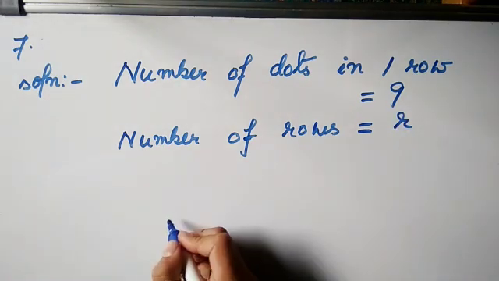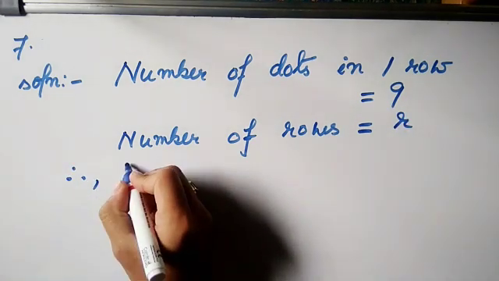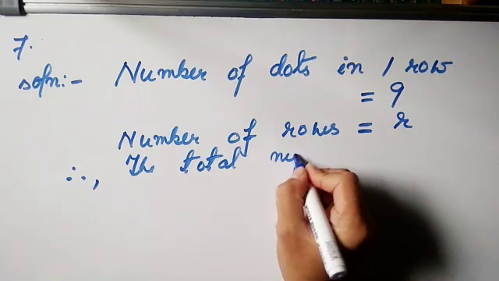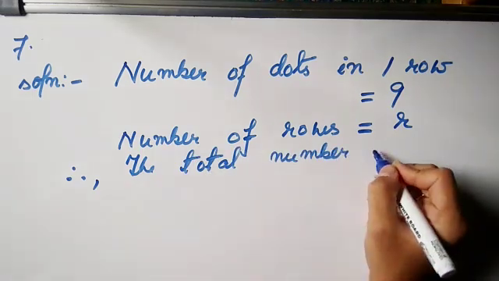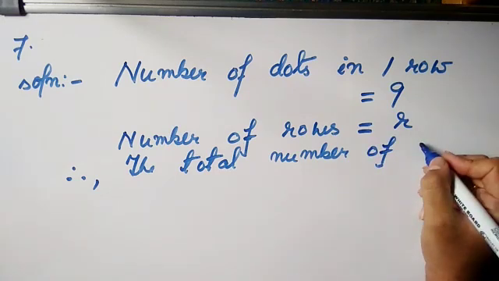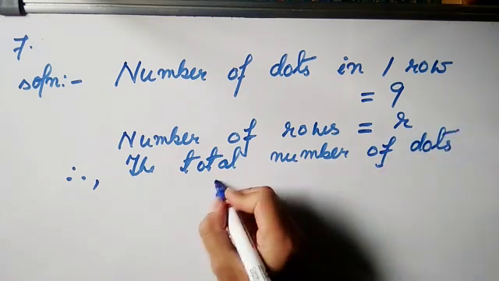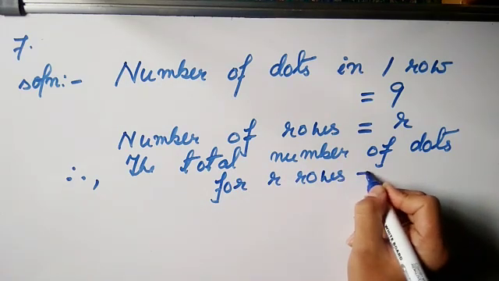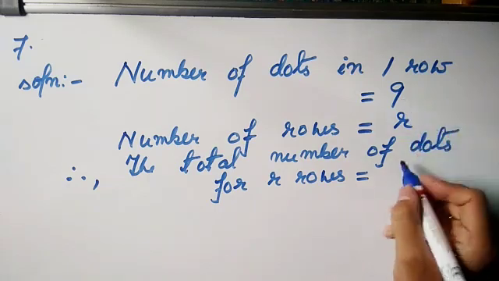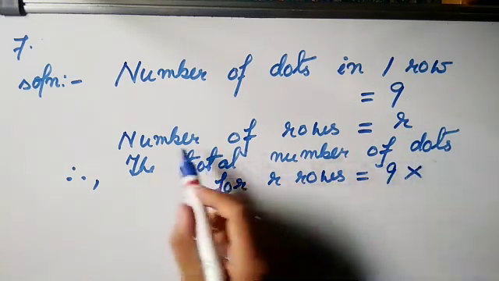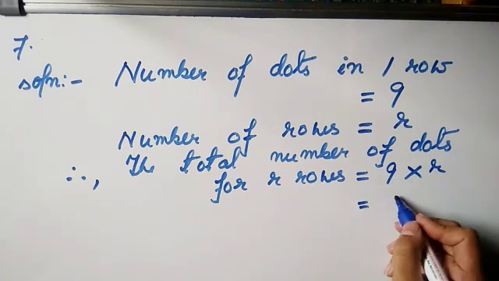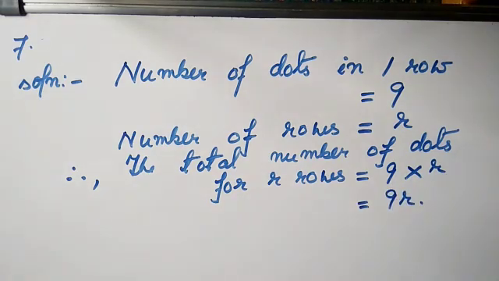Yes, r rows. So therefore, the total number of dots for r rows equals, we all know that this 9 will be multiplied by the number of rows, that is r. So what is 9 times r? Yes, it is 9r. Understood?